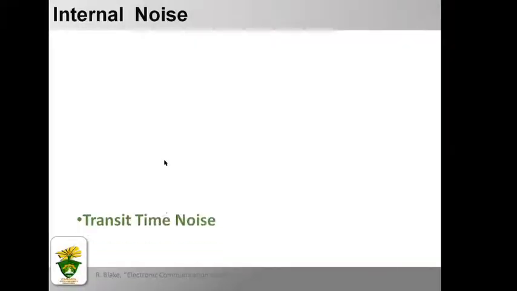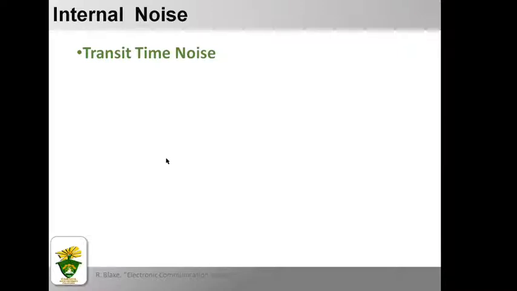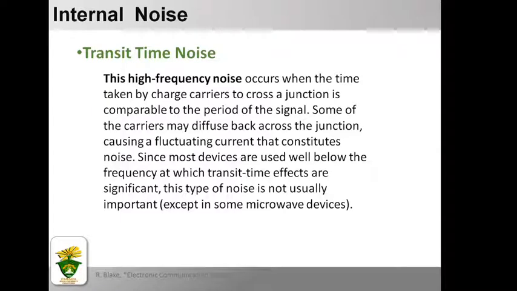Another type of noise is the transit time noise. Many junction devices produce more noise at frequencies approaching their cutoff frequencies. This high-frequency noise occurs when the time taken by the charge carriers to cross a junction is comparable to the period of the signal.